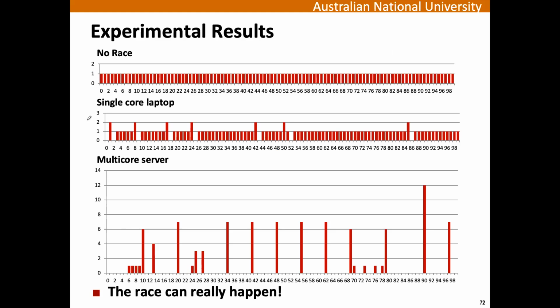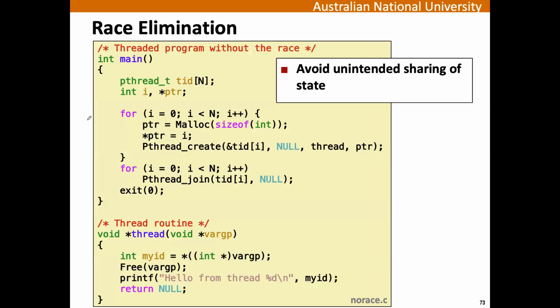Just passing the value of I directly. All right, so that's one solution. Pass by copy. What we did there was a malloc. We allocate an integer on the heap, and then we set the value to 1, and we pass the pointer.